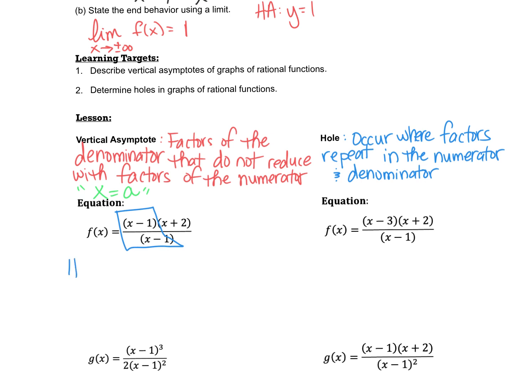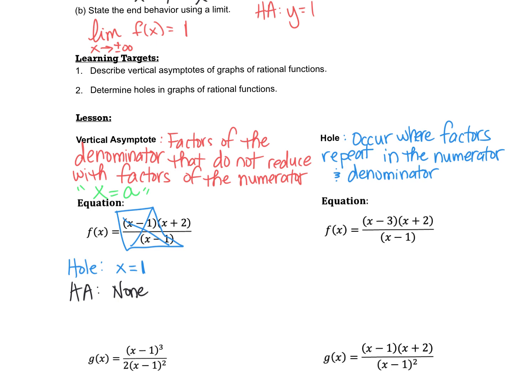So we would say that we have a hole where x is equal to the 0 of that factor, which would be 1, so the opposite. If we were to take out the hole right there, do I have any more factors in our denominator that do not reduce? We don't, so we would have no asymptotes in this function. Okay, so no asymptotes.